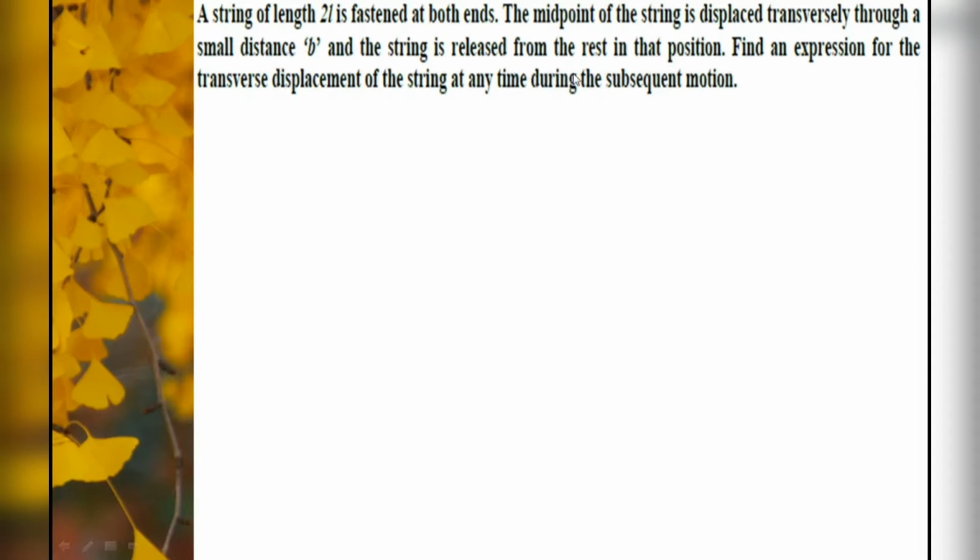If released from rest in that position, it means it has zero initial velocity, and we have to find the initial displacement, namely y of x comma 0. Find an expression for the transverse displacement of the string at any time during the subsequent motion.